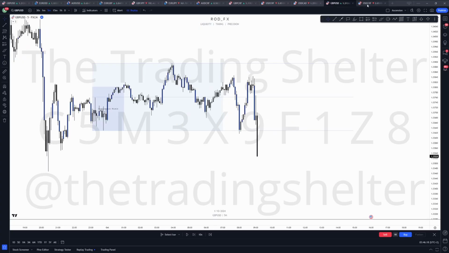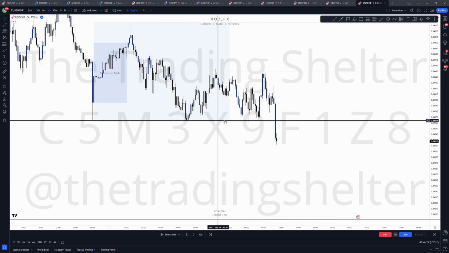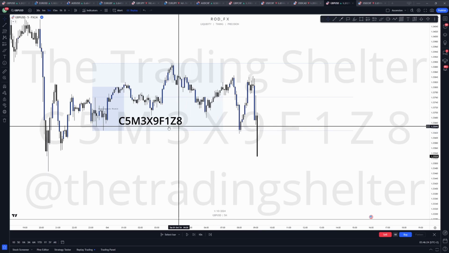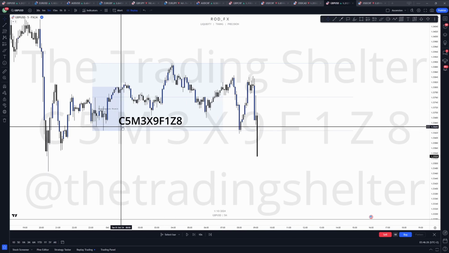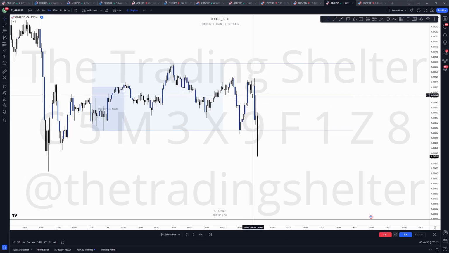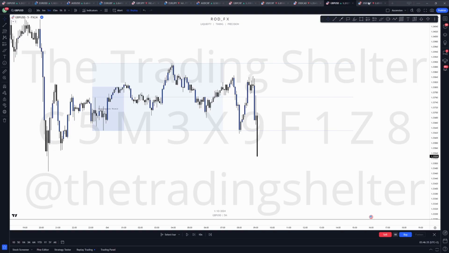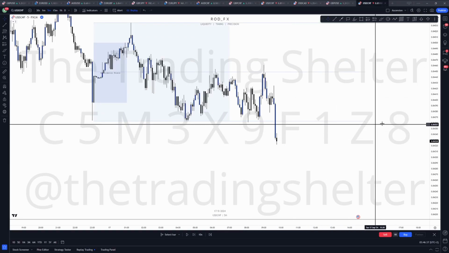Both of them here look similar. As you can see, we have some reaction to Asia low, maybe a bounce here, and then the price pushes lower here, pushes lower also.